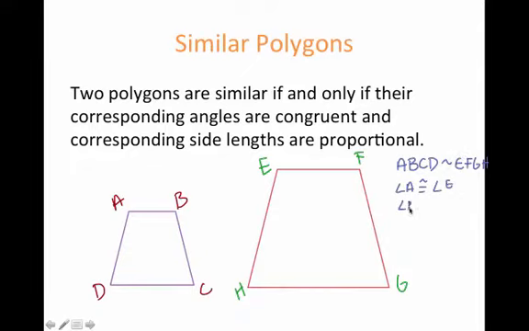And then the second angle B is congruent to the second angle, F. Angle C is congruent to angle G, and angle D is congruent to angle H. So in both of these trapezoids, all their corresponding angles are congruent.